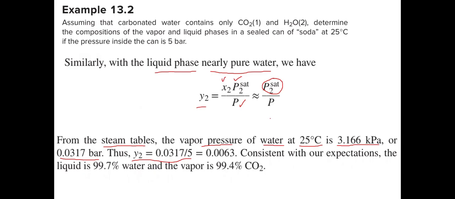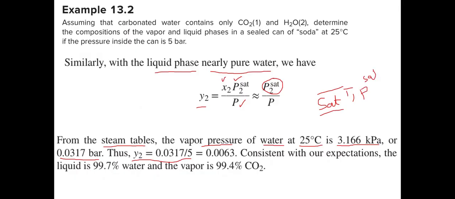From the steam table, which steam table will we use? The saturated water table. Because the water here is saturated, we will use the saturated section of the steam table to see the temperature, and then we will see the saturation pressure.